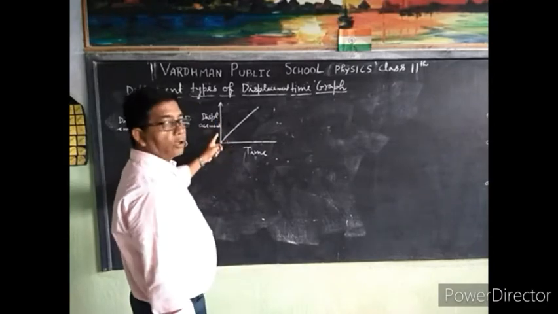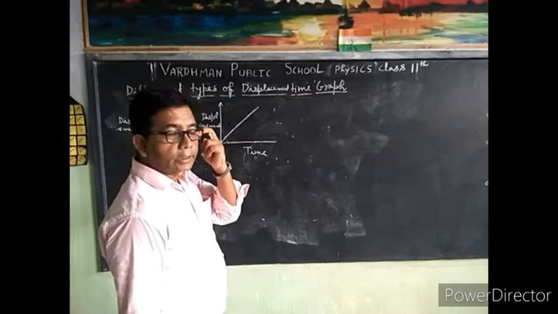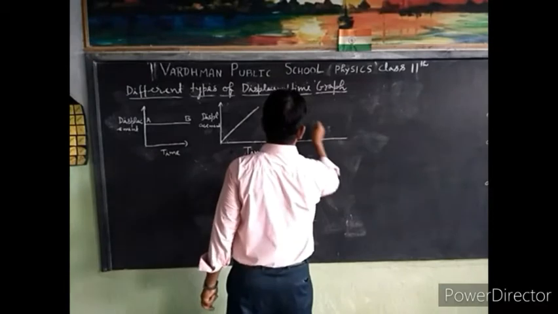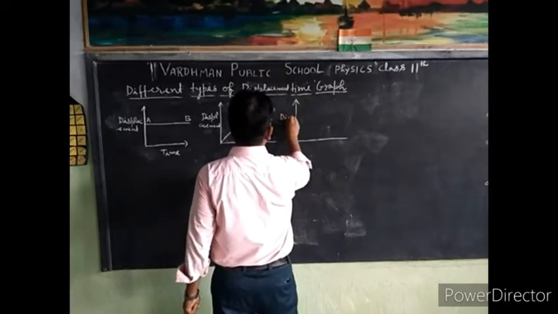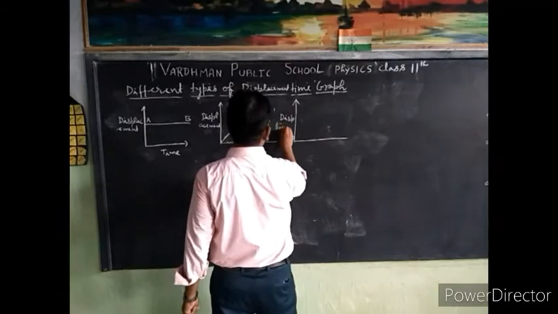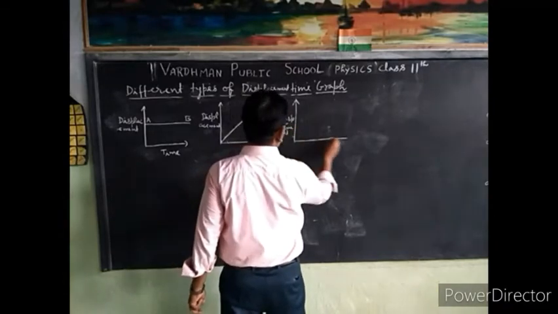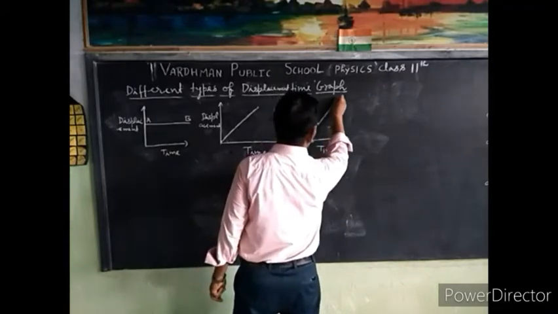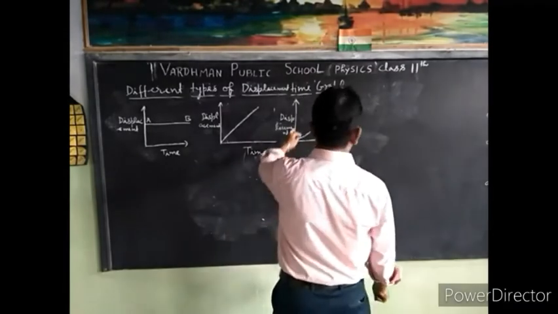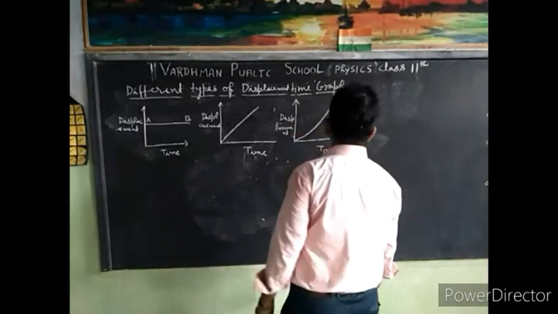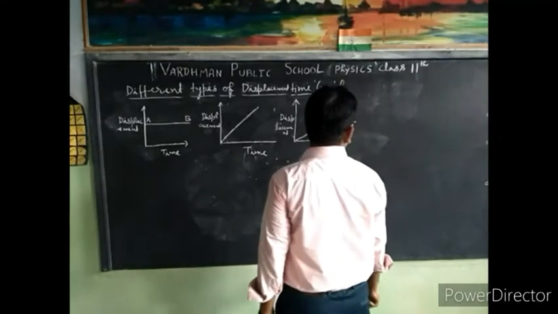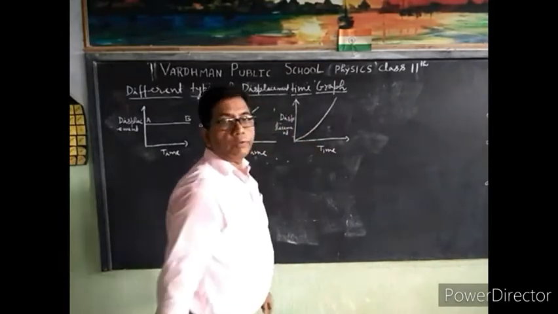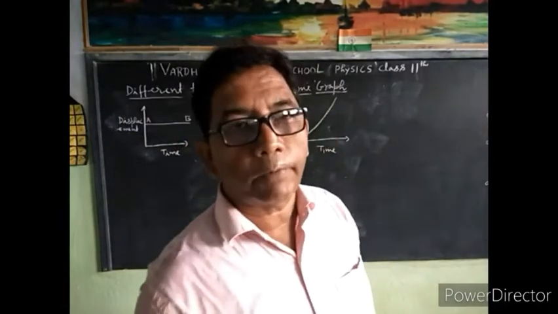Now the third type of graph between displacement and time. This graph shows the displacement-time graph for a body moving with increasing non-uniform velocity.